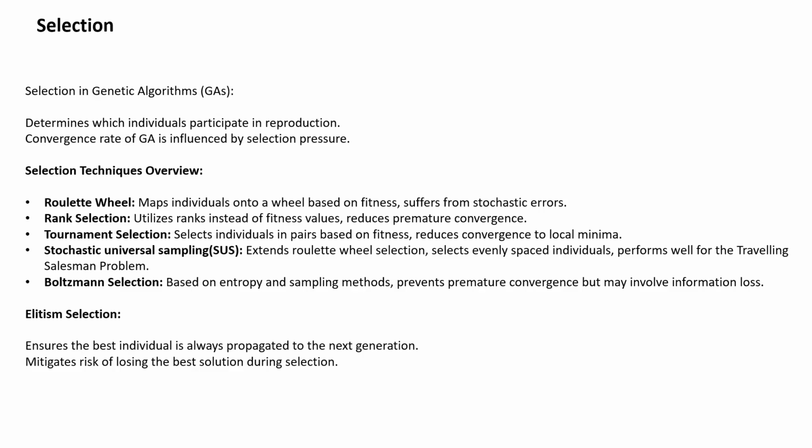So by this you are able to select the best of the solutions, and if you want to keep certain solutions that you know from experience should be good, you can pass them on to the next generation through elitism selection.